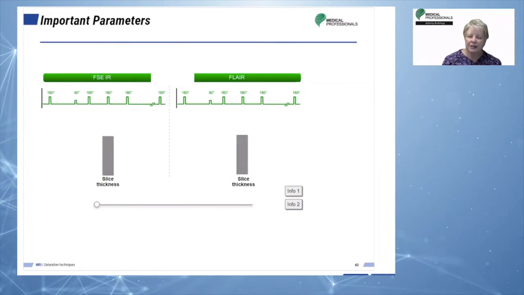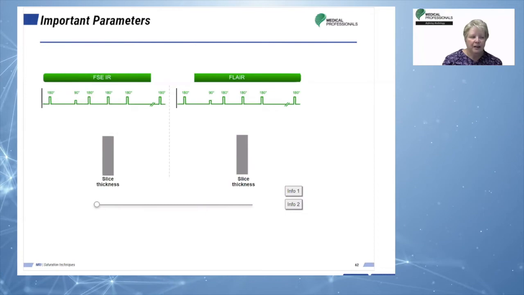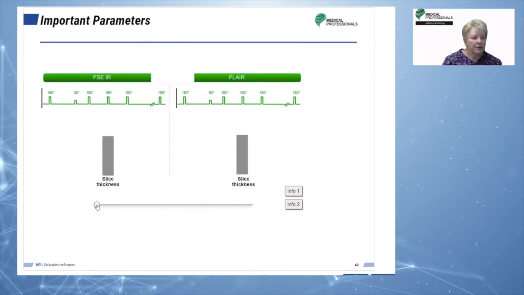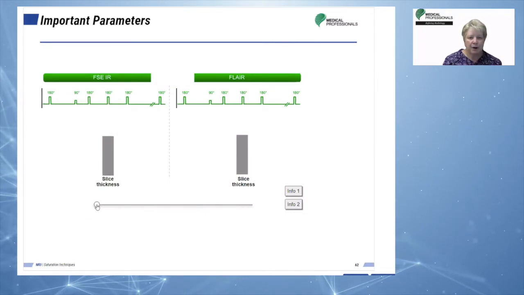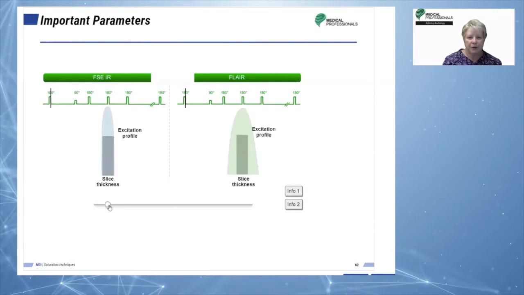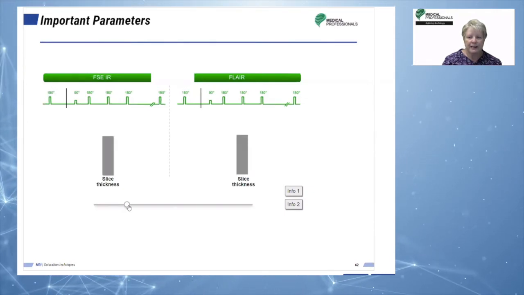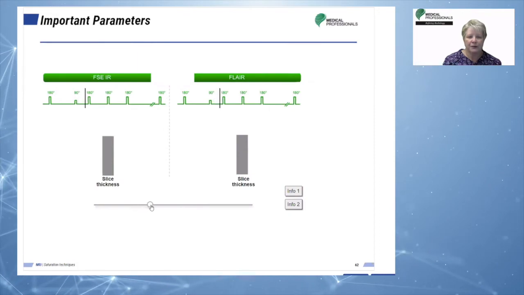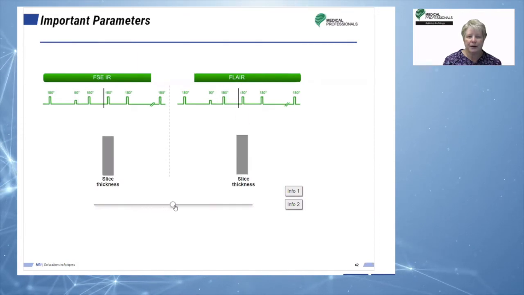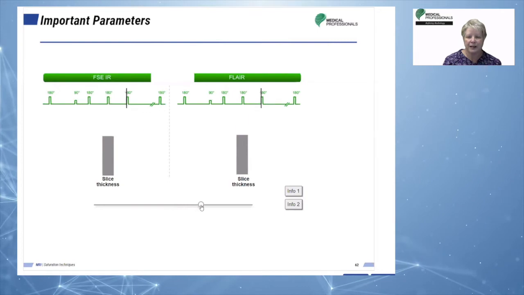In addition, as shown on this slide, if I grab this bar and move this across, the excitation profile of the first 180-degree pulse is much larger than the desired slice.